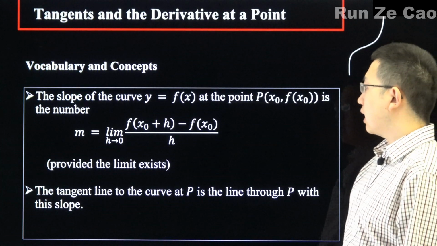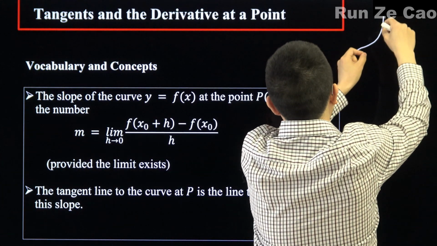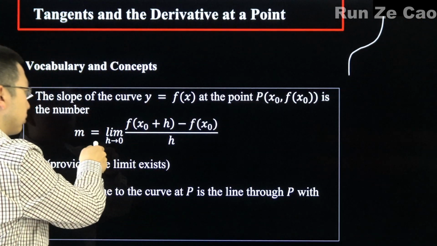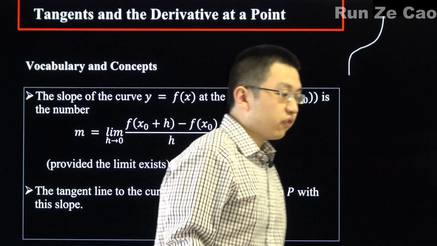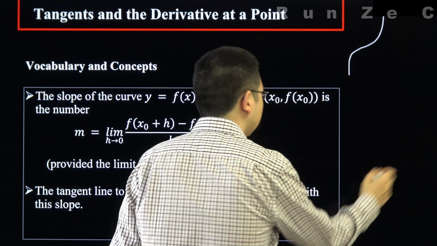Now, h implies that you're dealing with two separate points, and therefore this is a secant instead of a tangent, but when h approaches 0, this is a tangent. Of course, this presumes that the limit exists.